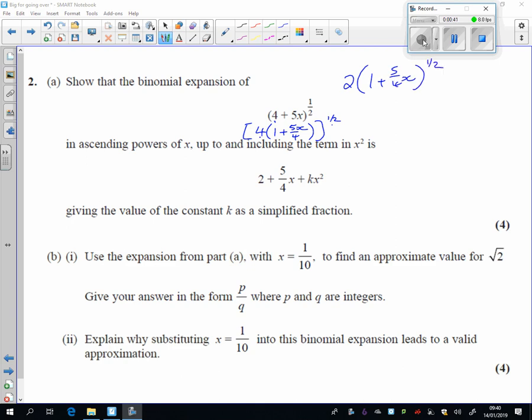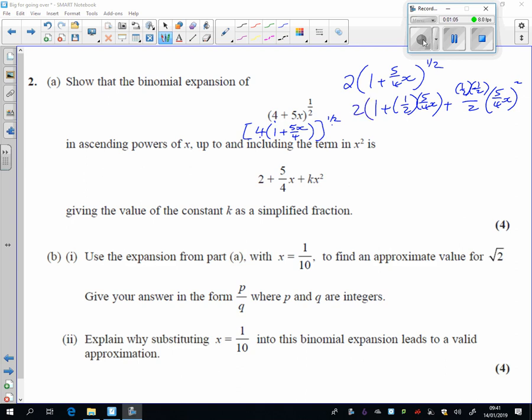Now the expansion, when you're working this out, it's 1 plus nax, and then I've got n take away 1 over 2, and I've got ax squared. It doesn't ask me to go any further, so let's keep going.